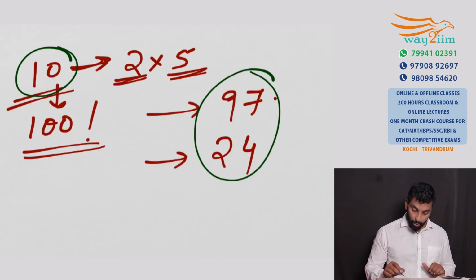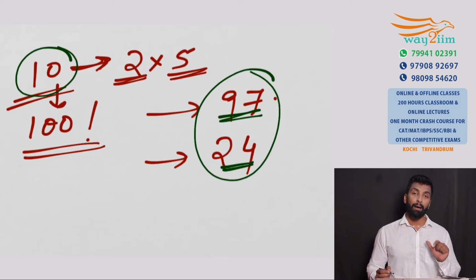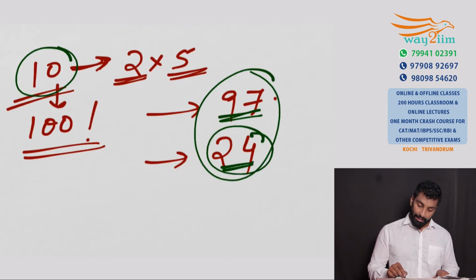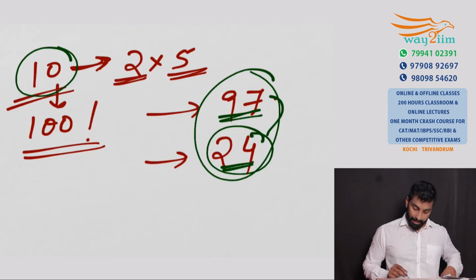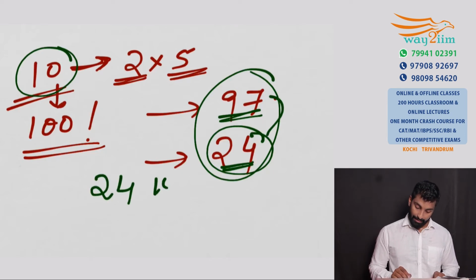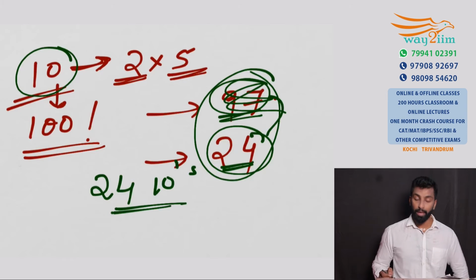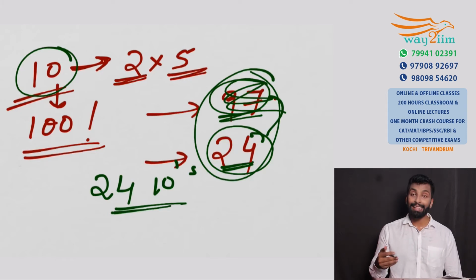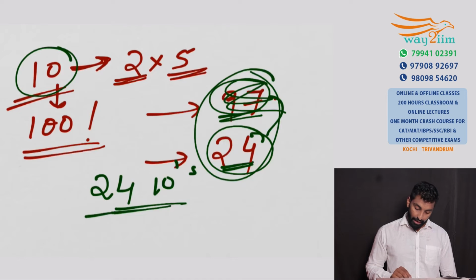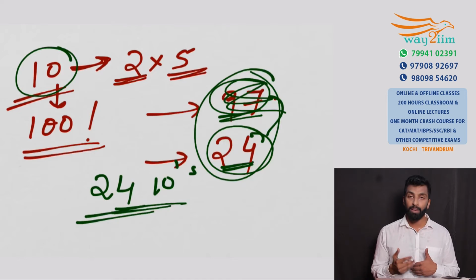So I have 24 5's, and I'll take 24 2's from here, so I can make 24 10's. The rest of the 2's are not useful here. That is the reason I told you to take the least number. Wherever you get the least number, you take that. So 24 10's are there, which means the highest power of 10 in 100 factorial is 24.